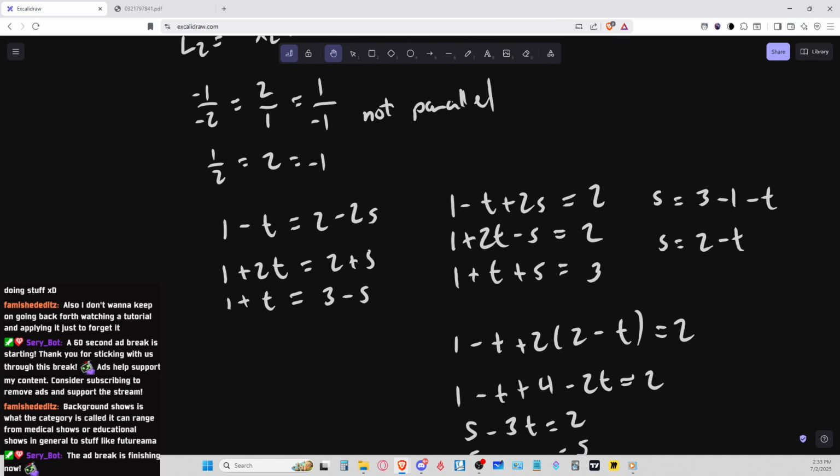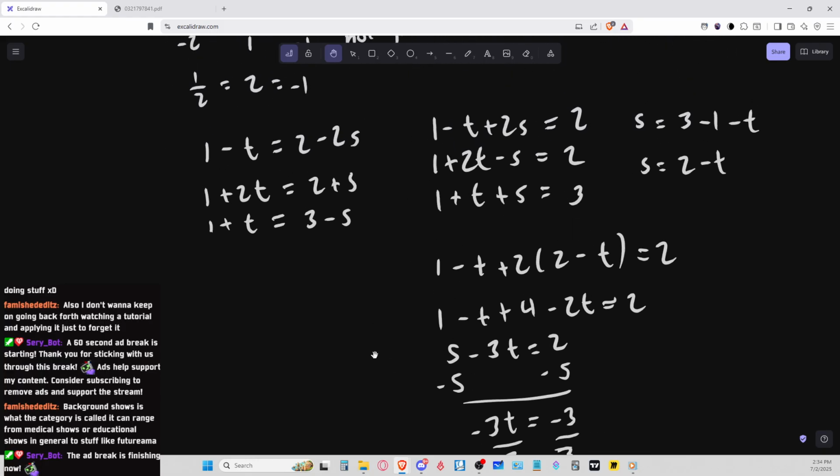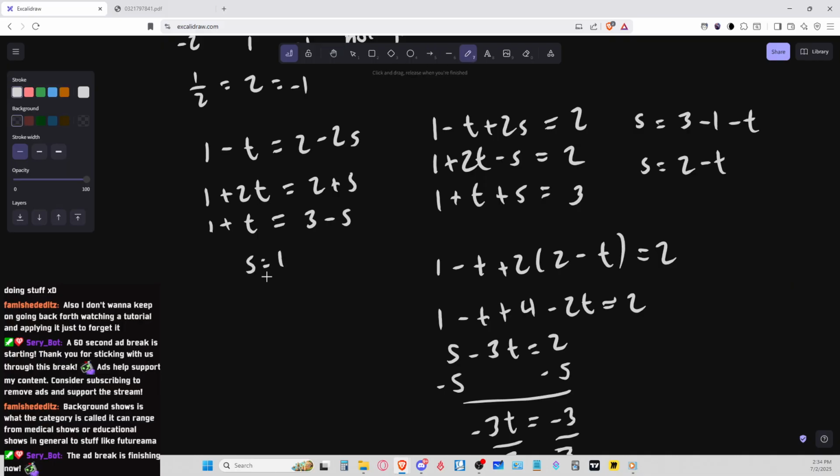But I did the linear algebra thing with the system of equations. I mean, we did find that s and t being 1 give us all the variables we need, so I think that means they do intersect in that case. Because they intersected both when s is 1 and t is 1.